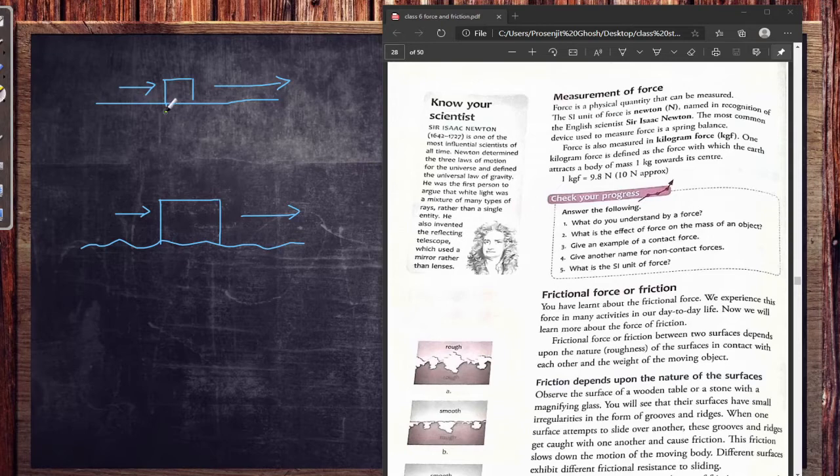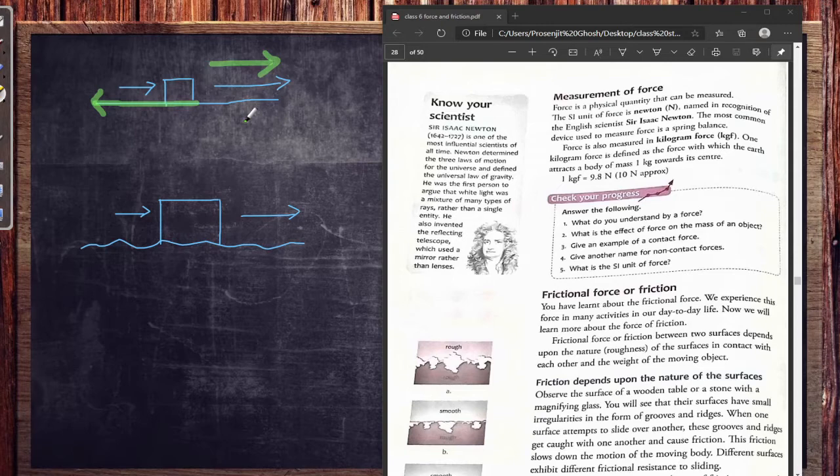So what is this friction force? Friction force always acts opposite to the moving body. If the body is moving this side, then the friction force will act on that opposite side. And where will it act?